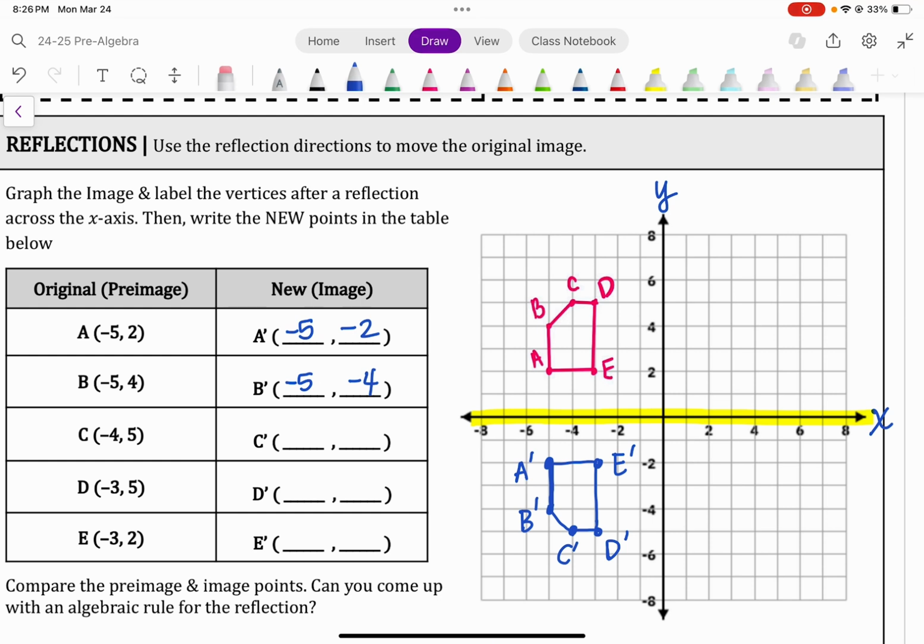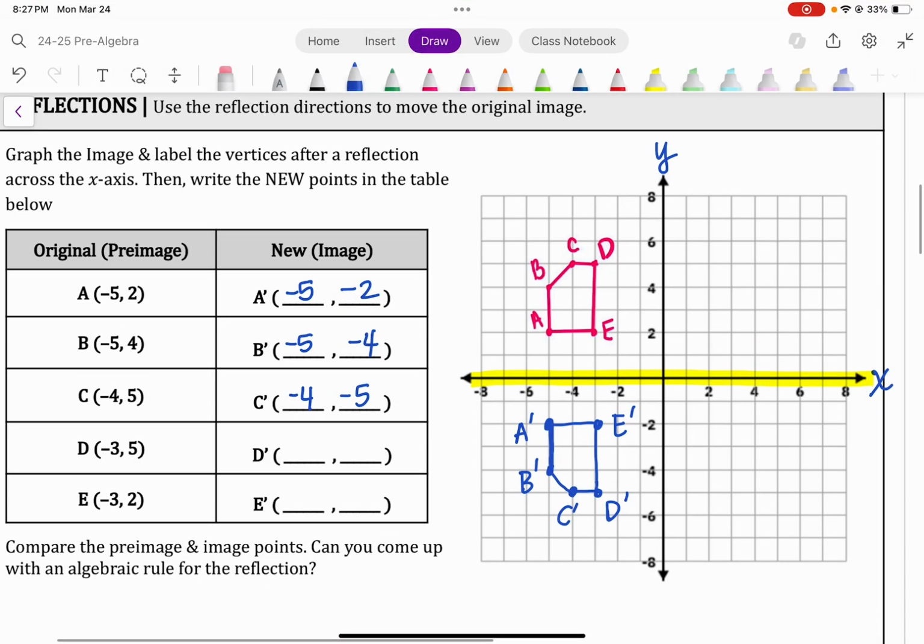C prime is at -4, -5. D is at negative 3, 5. So we're going to have D prime at negative 3, negative 5. And E is at negative 3, 2. So E prime is at negative 3, negative 2.